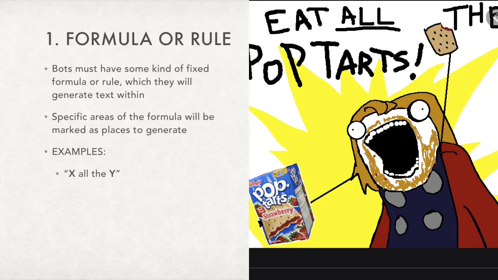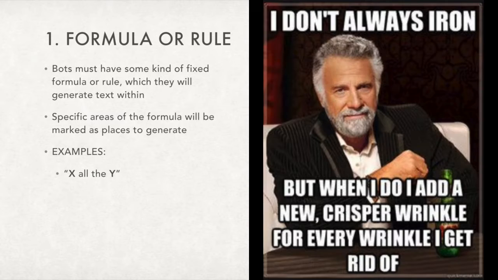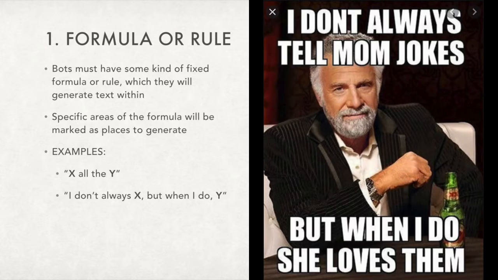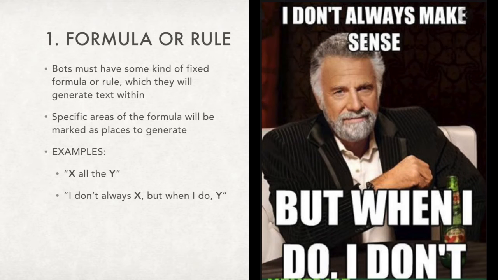As another example, we could look at the meme "the most interesting man in the world," and he similarly follows a formula, which is, "I don't always do X, but when I do, Y." It's based on that commercial of "I don't always drink beer, but when I do, it's Dos Equis." So this is another one where you can see that it always follows a pattern: I don't always do something, but when I do, something else.